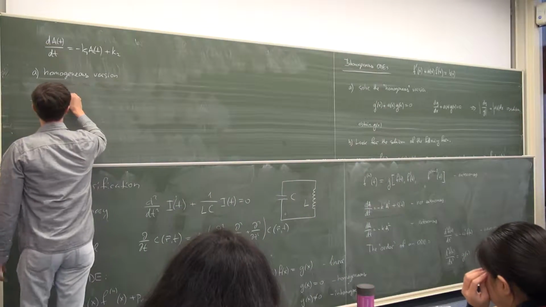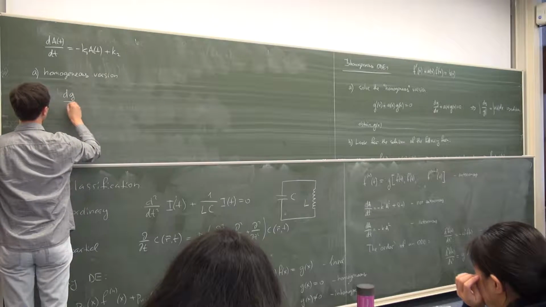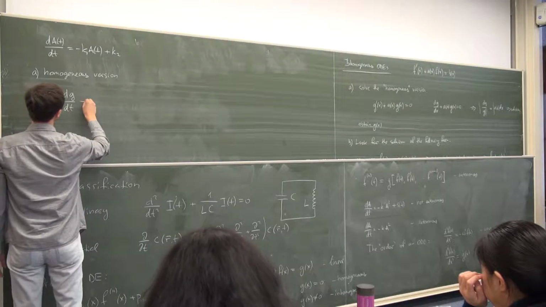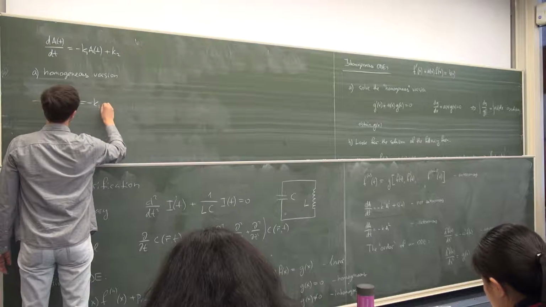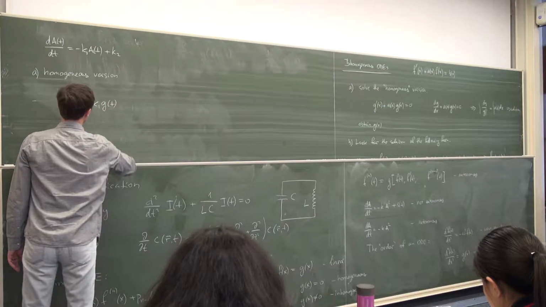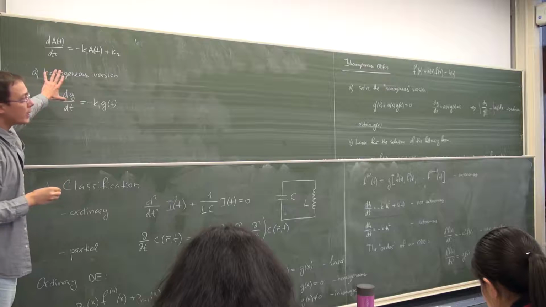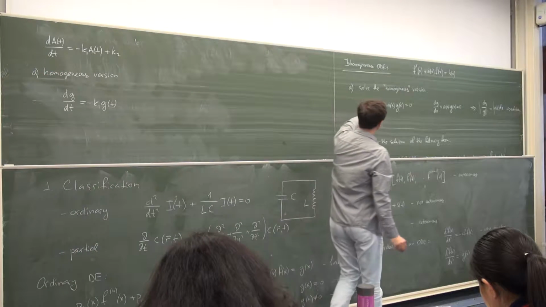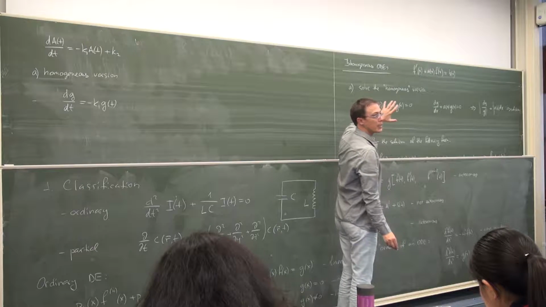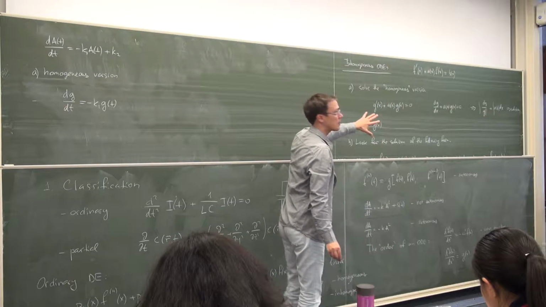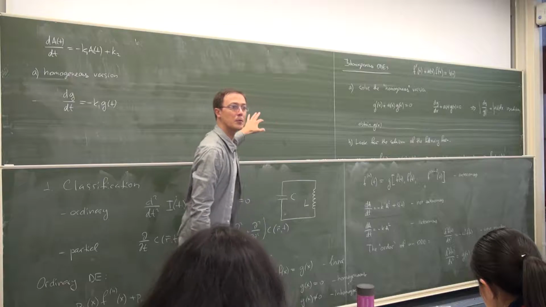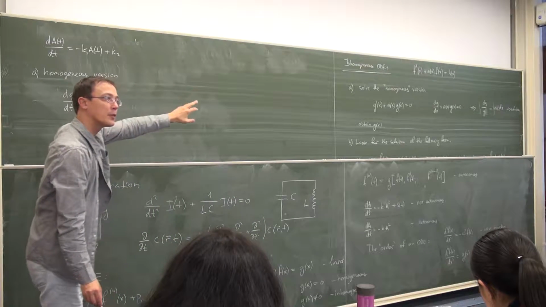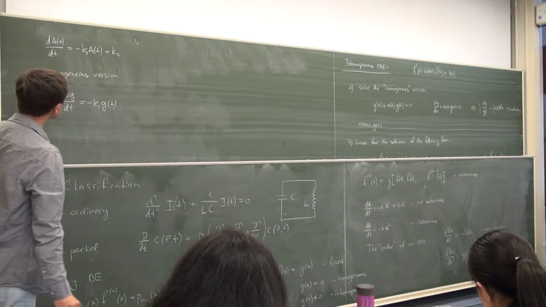So our dg by dt is minus k1 g of t. So in here we have a time-dependent process. This plan is formulated for the independent variable x, but I'd imagine you're all sufficiently grown up to be able to substitute x for t and for an independent process, a time-dependent process.